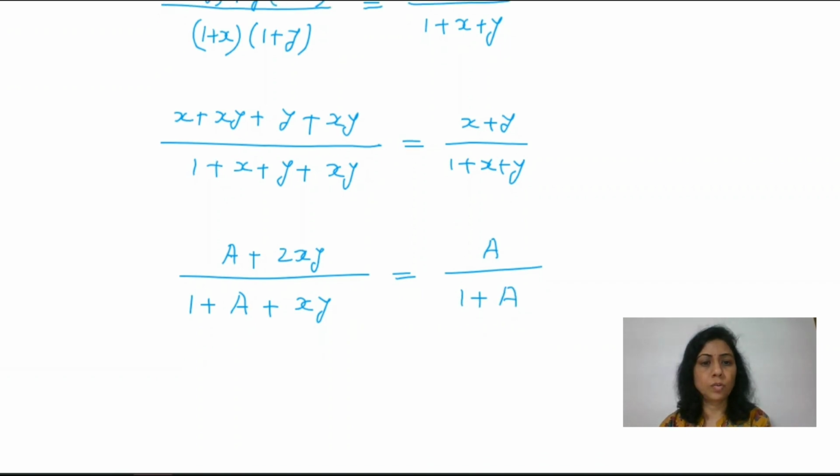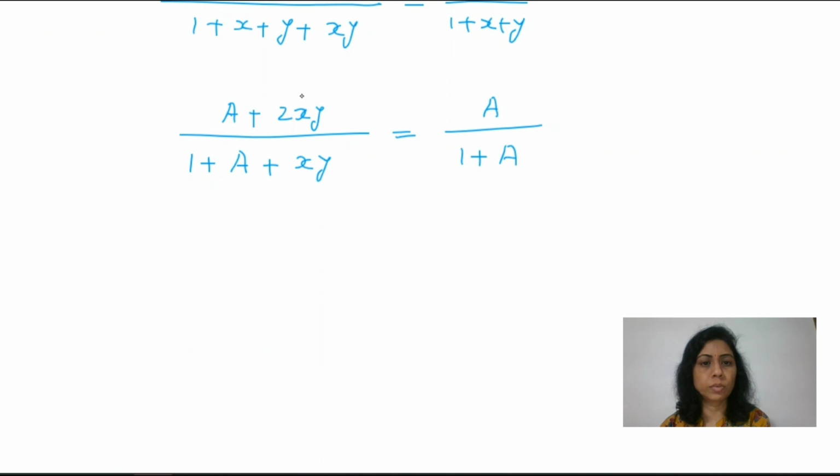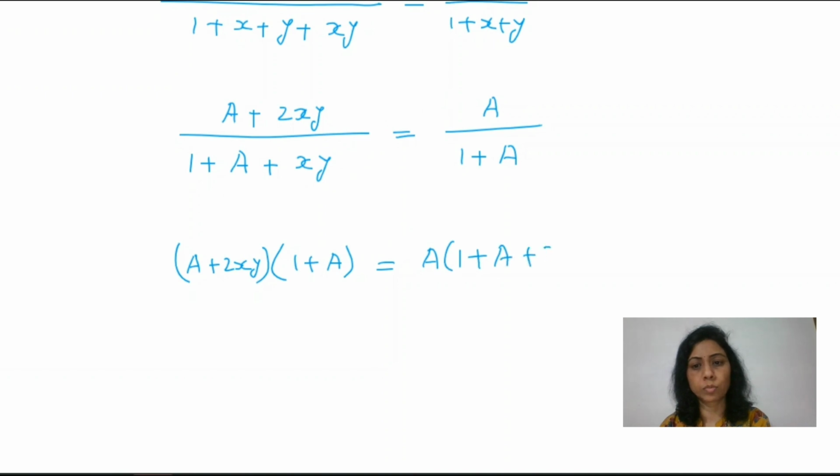Okay, now cross multiply. This one multiplies with this: a plus 2xy multiply 1 plus a, and a multiplies with this: a multiply 1 plus a plus xy.